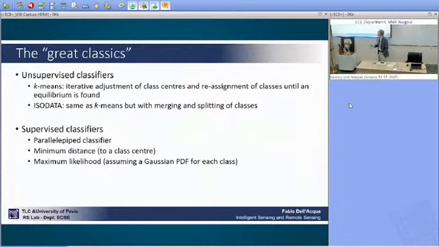The maximum likelihood classifier treats the input vector as a multivariate random variable and assumes that, let me say it in another way. I talked about spectral behavior of a certain class. We have seen at the beginning of the course the spectral behavior of vegetation, for example.